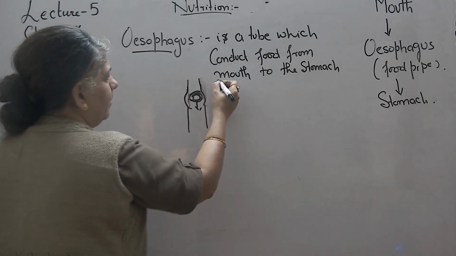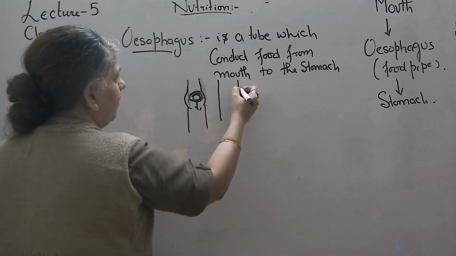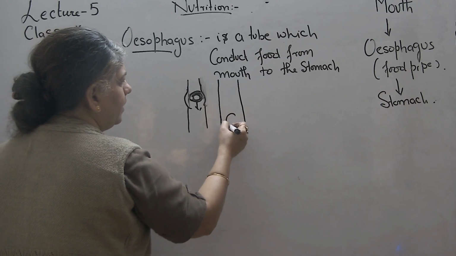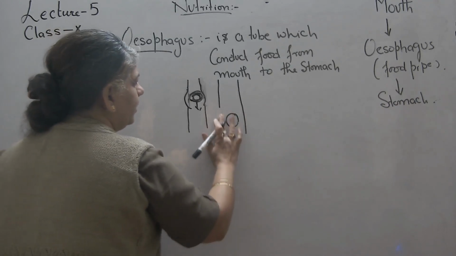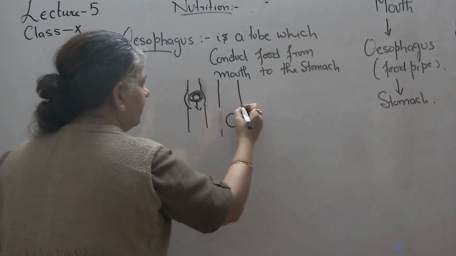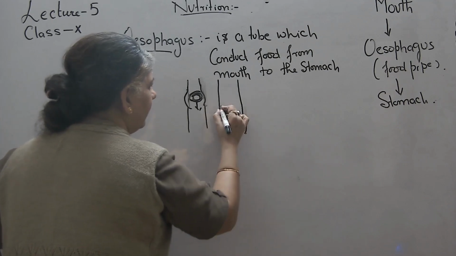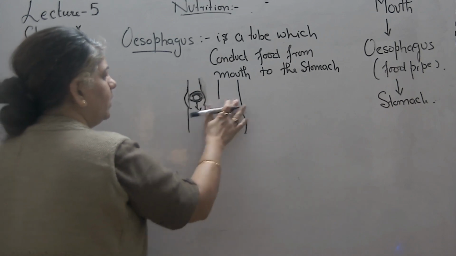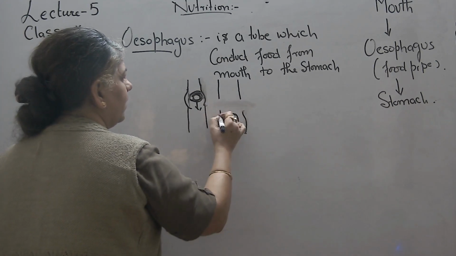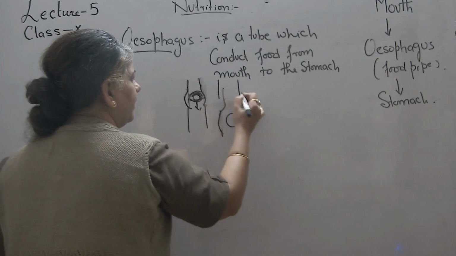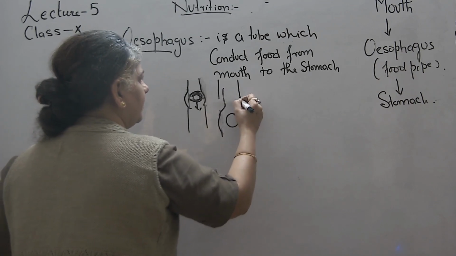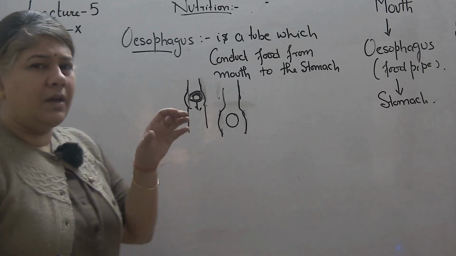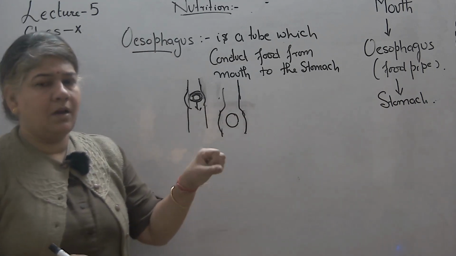So in the next step, what will happen? The food is pushed slightly down. So this portion will now become expanded as compared to this, and this will be slightly contracted. It's like squeezing something out.